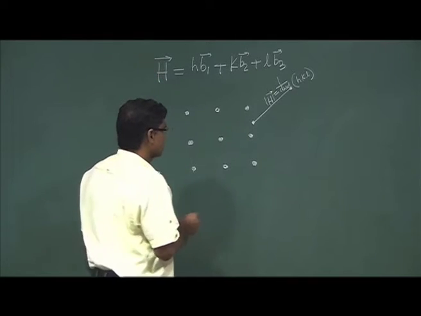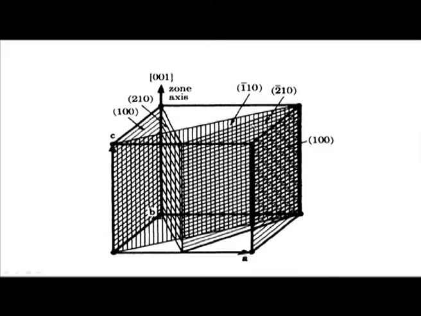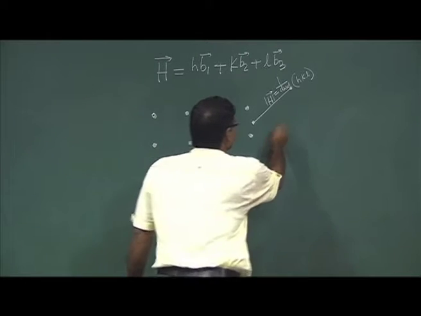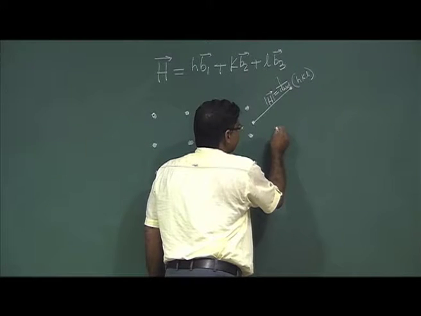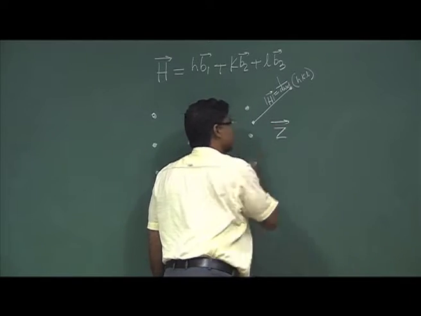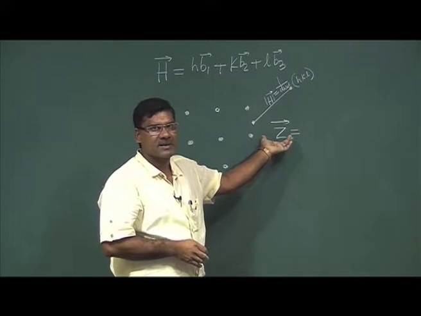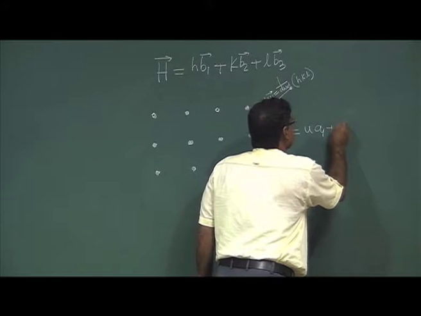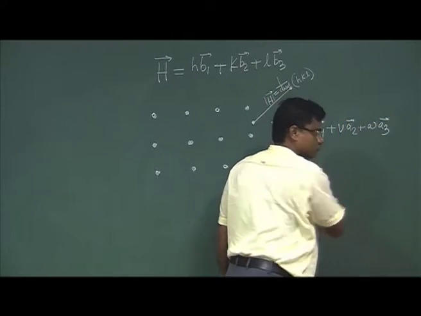So, the zone axis. Let me write the zone axis vector with Z. In the real crystal system, the space lattice, it is in terms of a1: U a1 plus V a2 plus W a3, right.